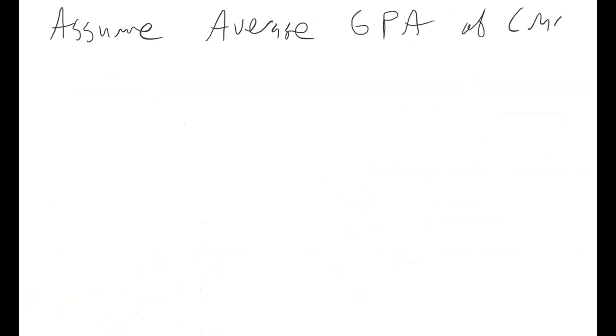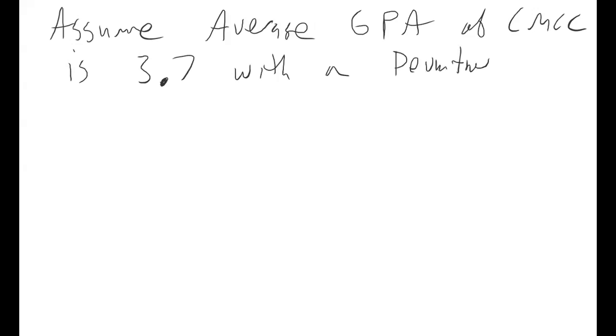Let's go back to our GPA problem. I think we did this one before spring break, right? So if we assume the average GPA at CMCC is 3.7, with a deviation of 0.75, and we're going to assume normality.